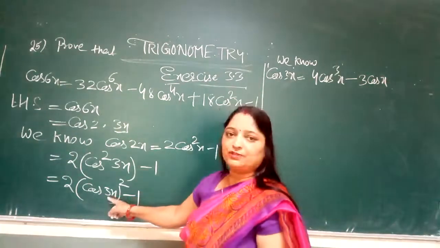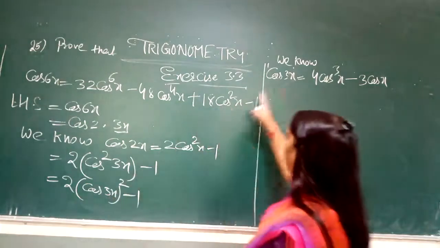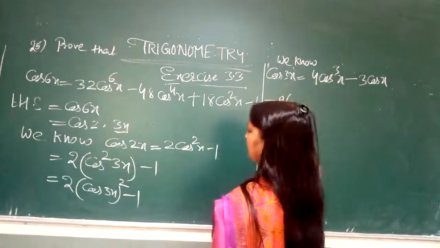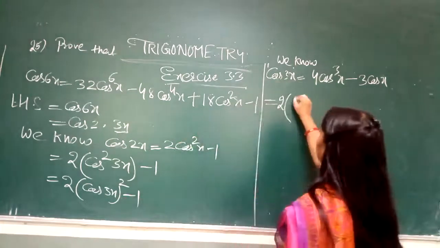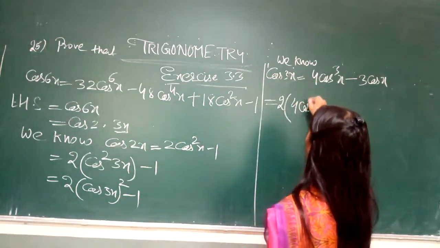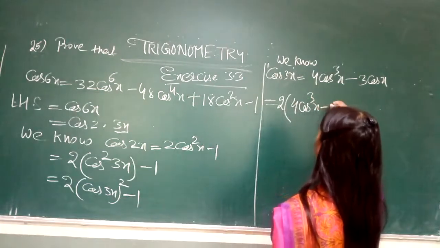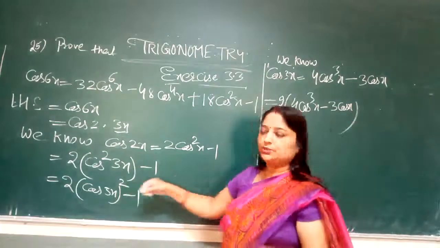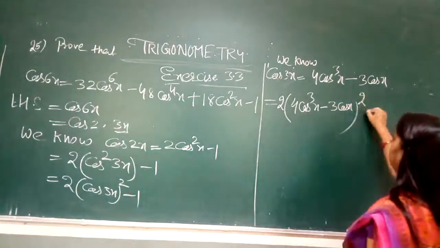So in place of cos 3x, students, we will use this formula. Now 2 as it is, write the formula of cos 3x: 4 cos cube x minus 3 cos x, whole square, minus 1.